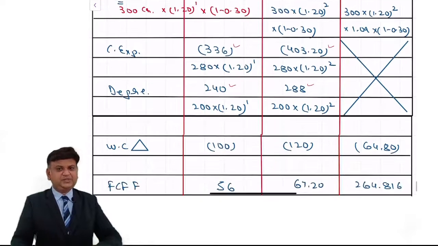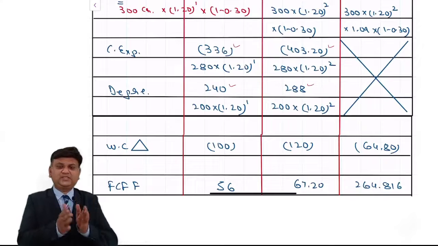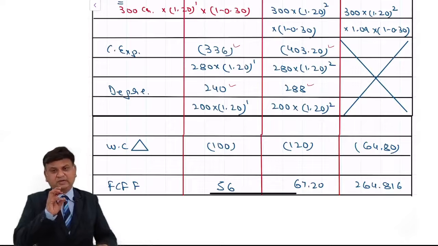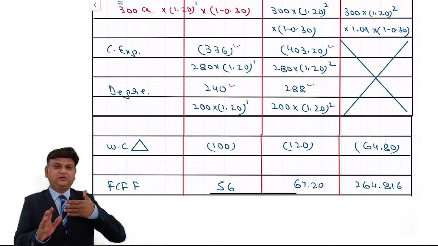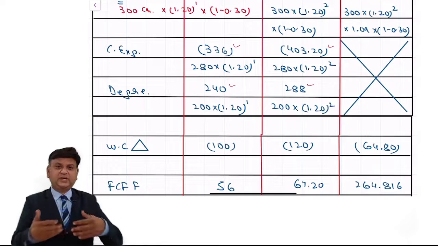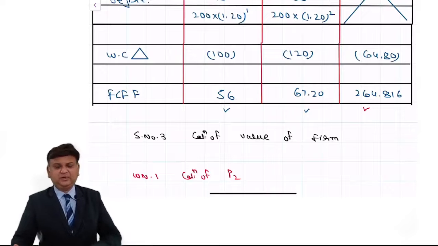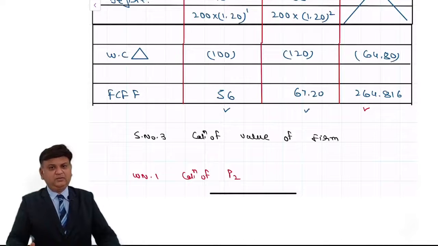Capital expenditure, depreciation, both of them are growing in the first and second year. Third year onwards, whatever the amount of the capital expenditure that you have to make, itself is the depreciation cash inflow. So both of them will set off against one another. Then working capital change, simple information, that is what we already have found. Then free cash flow for the firm.